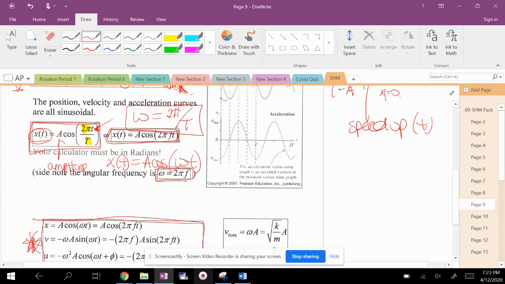Okay, so again, I just want to say that this equation is something you'll have to memorize. Another way to write it is A cosine omega t. All right.